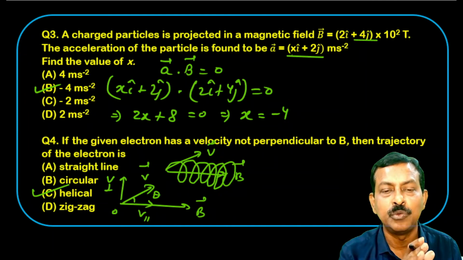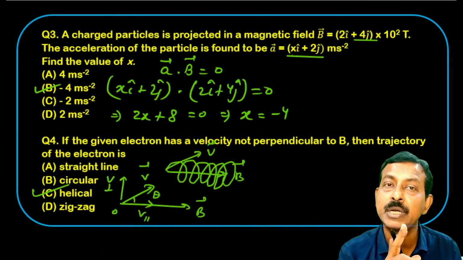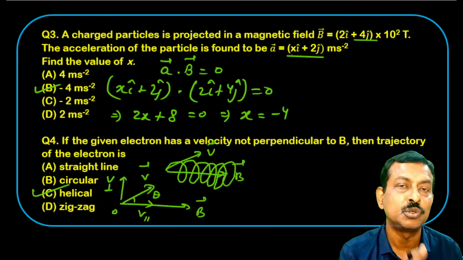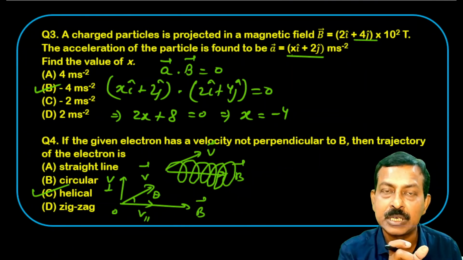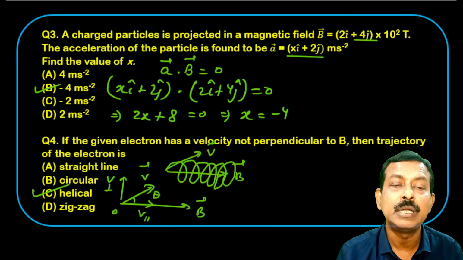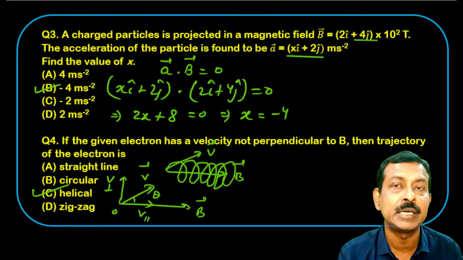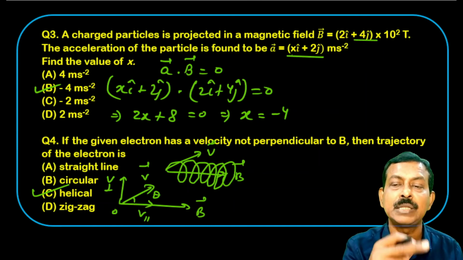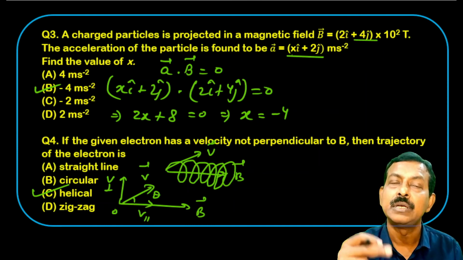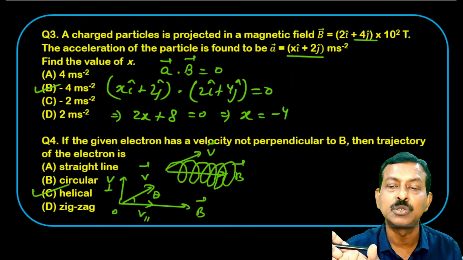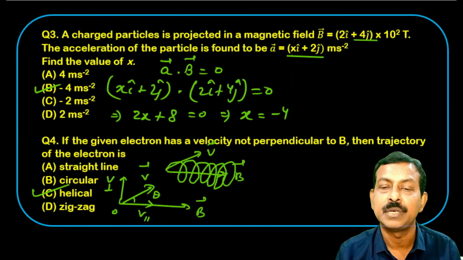It will move in the direction of the magnetic field because it is not experiencing any force due to the magnetic field. It will describe a translational motion. But if you consider v perpendicular, since the velocity is perpendicular to the magnetic field, the path will be circular. It will describe a circular path. At the same time, it will have the translational motion also. So the actual path will be a helical one.